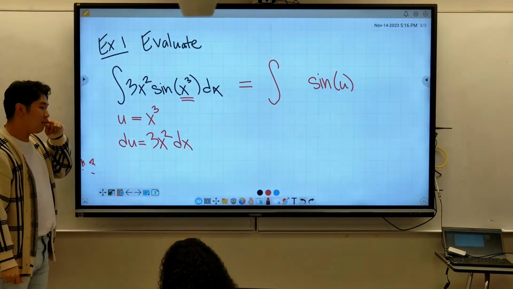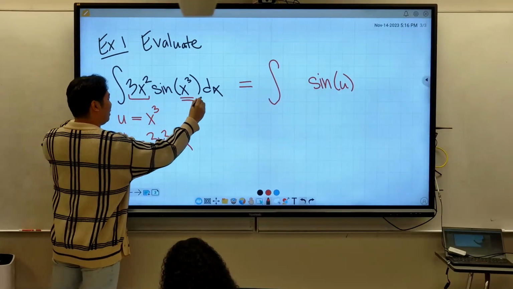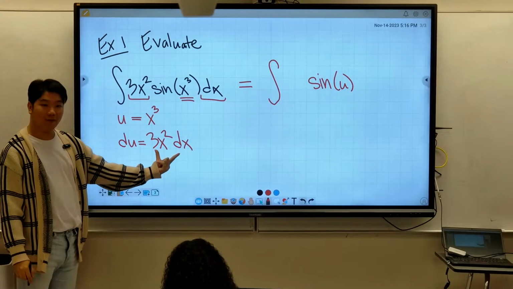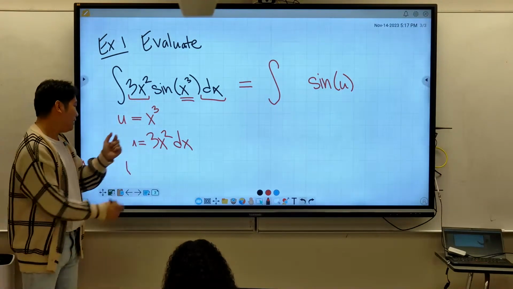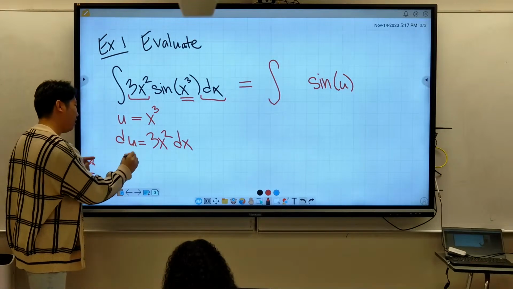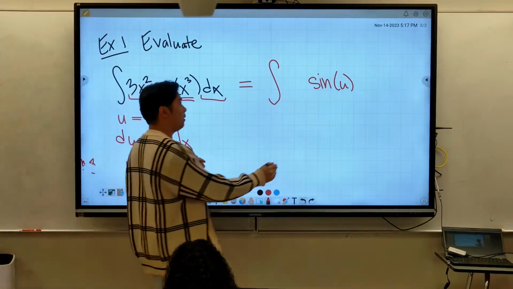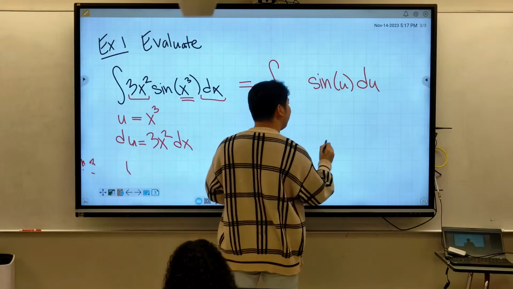And notice this as well. 3x squared dx. That's exactly what I have right here. So 3x squared dx, oops, that is exactly du. So I can actually move this a little bit over to the left.